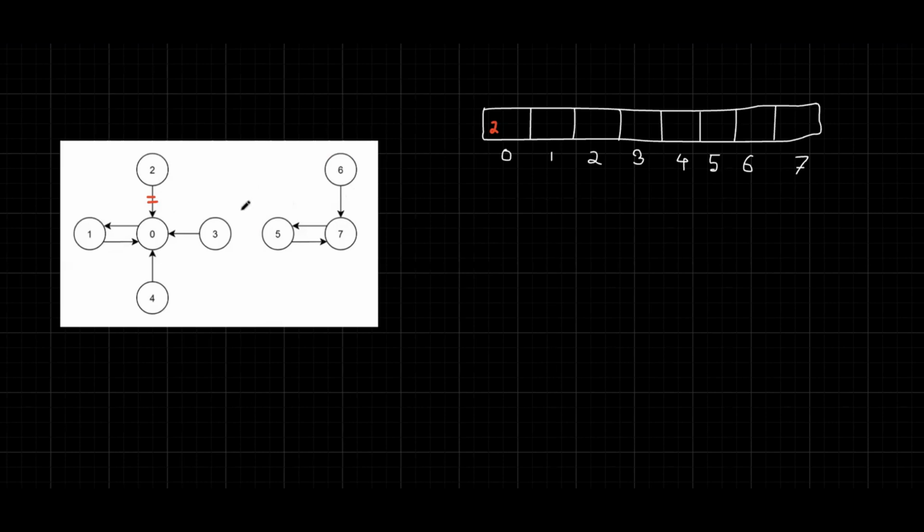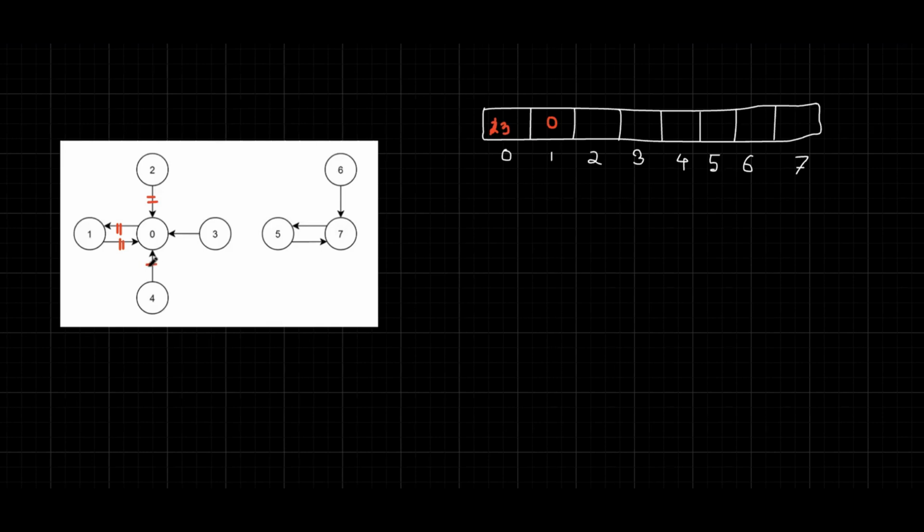Now, for this edge from 0 to 1, we add 0 at index number 1. That means the node pointing to node 1 has label equal to 0. Now, for the edge 1 to 0, another edge is pointing to 0, so the summation will be 2 plus 1, which is 3.